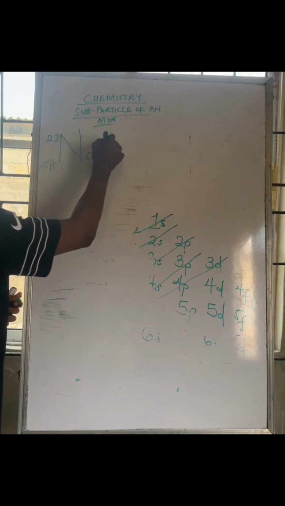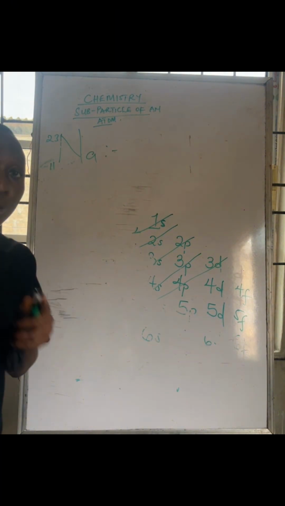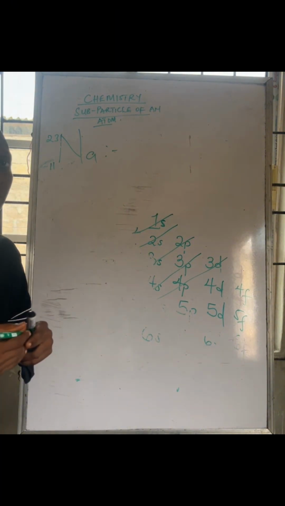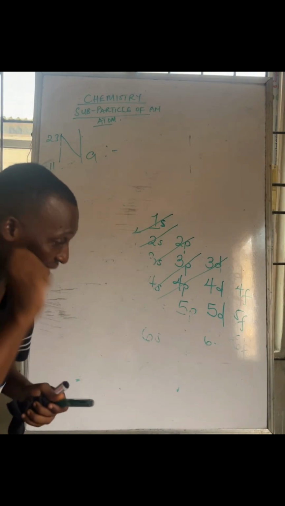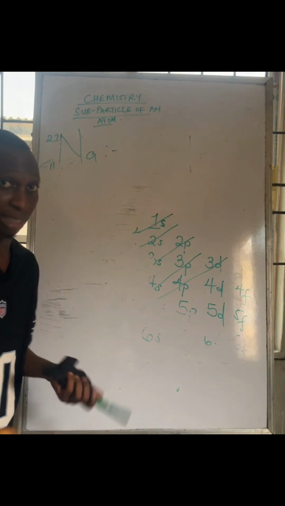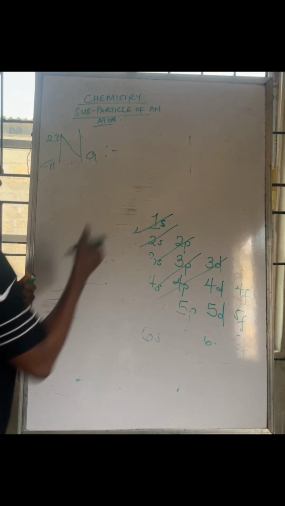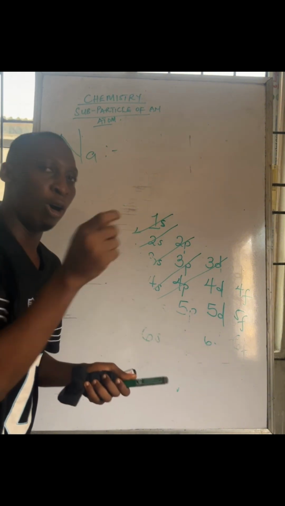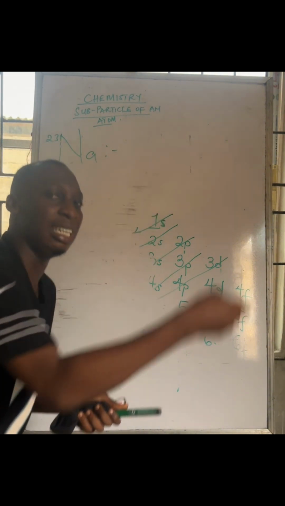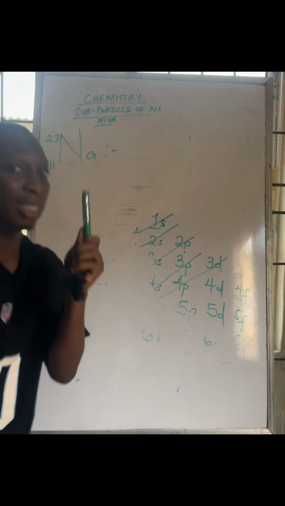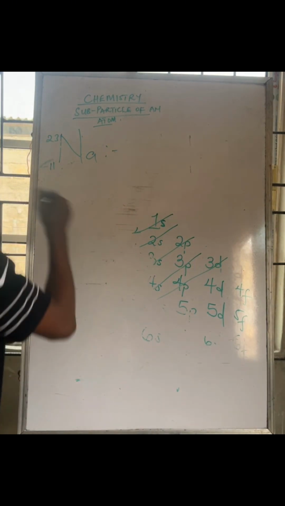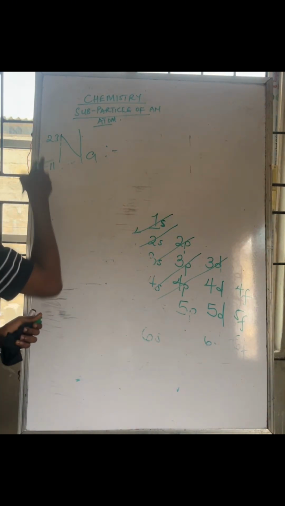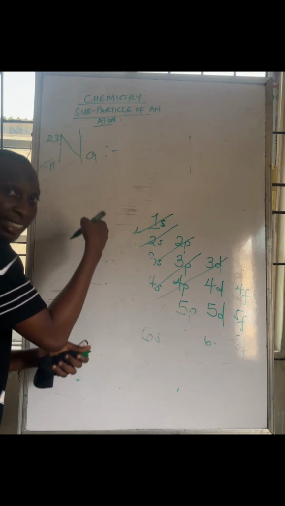Now, how do I then write an electronic configuration for this element? The idea is, don't forget I've shown you how this is arranged based on Aufbau's. Now the idea is electronic configuration is a function of the number of electrons. Simple. First of all, you need to estimate how many electrons are present here.